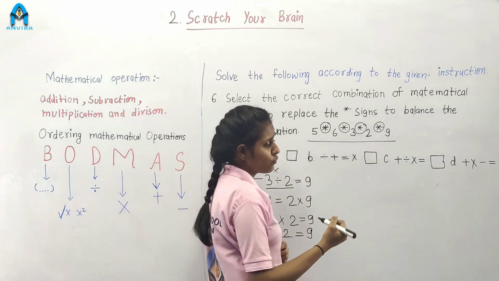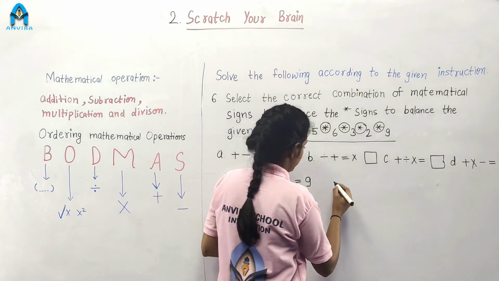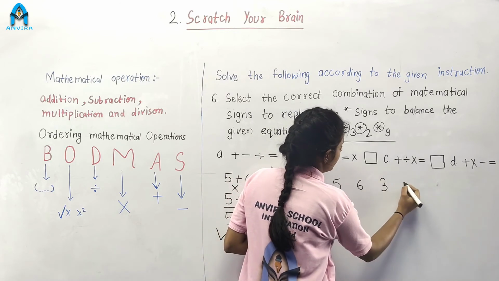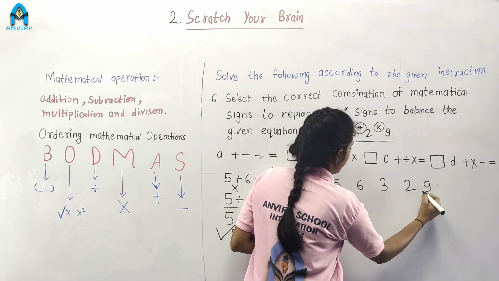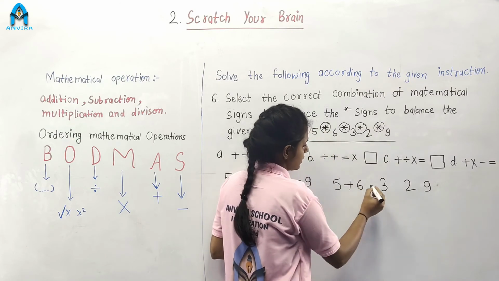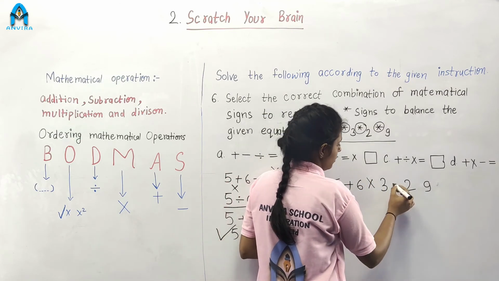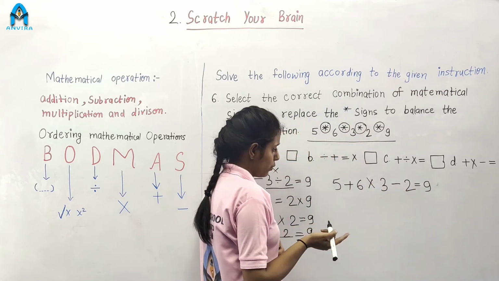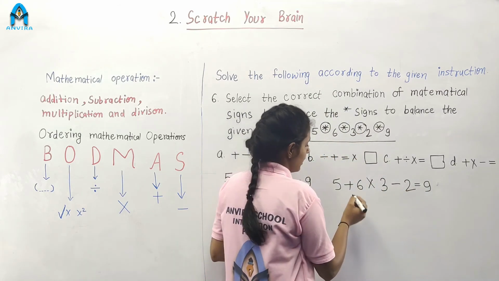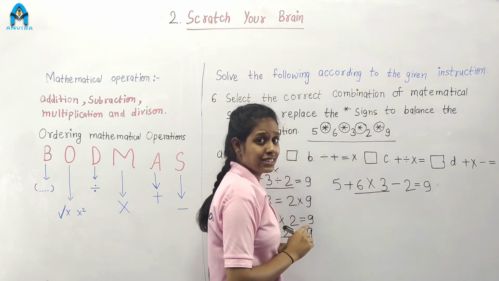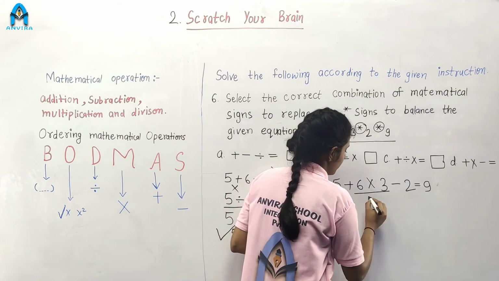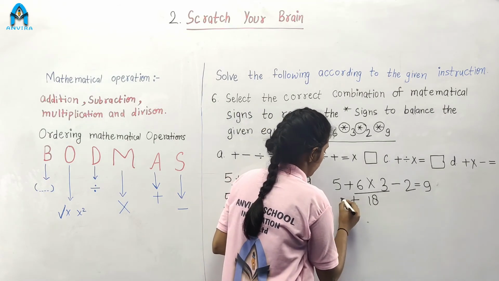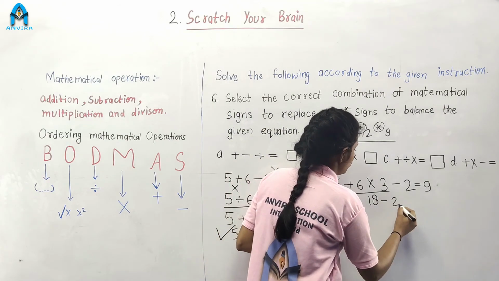Now, we also solve option D. 5, 6, 3, 2, 9. Plus, multiplication, subtraction, equal to. First, divide. There is no divide. Next, multiplication. 6 multiplied by 3 is 18, plus 5 minus 2.